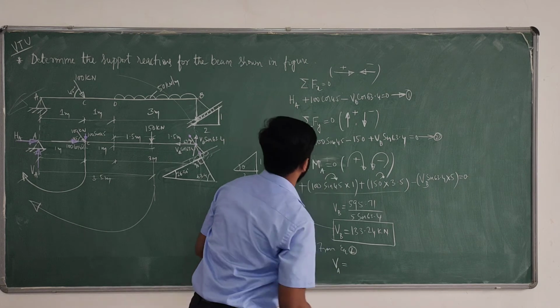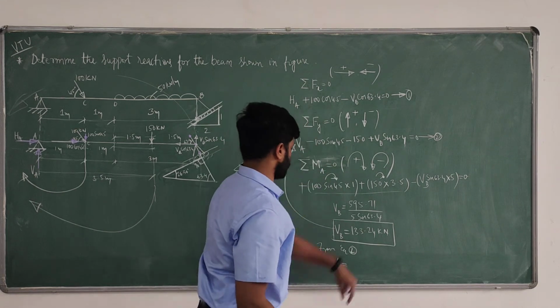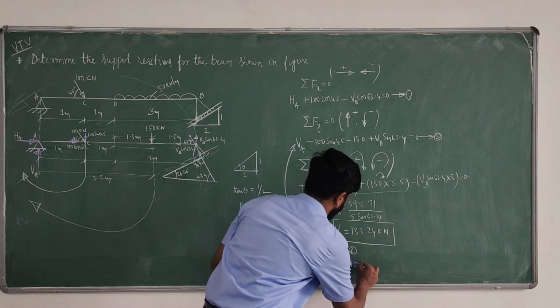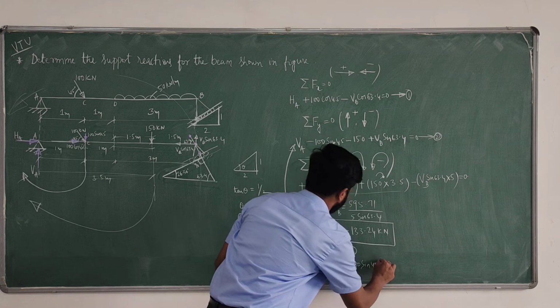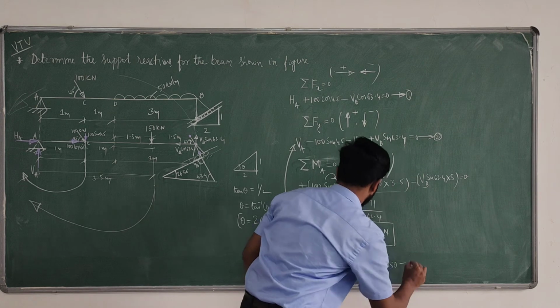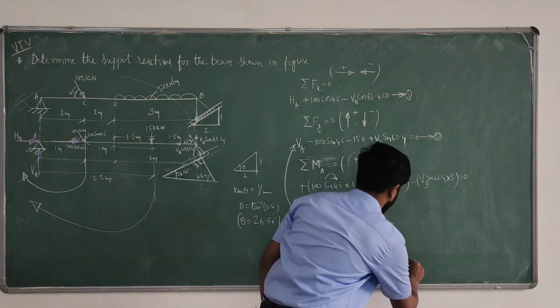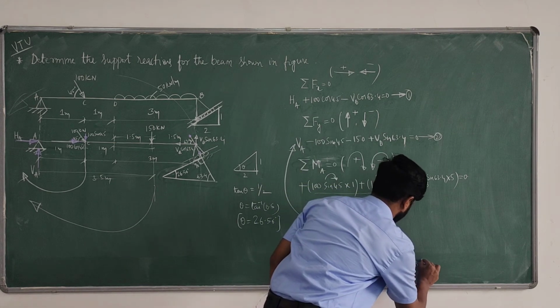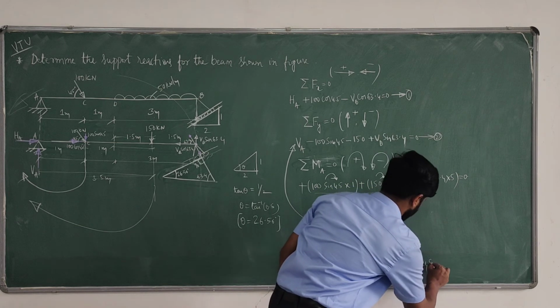VA equals, you just take that side, it will become 100 sin 45 plus 150 minus VB sin 63.4, that is 133.24 sin 63.4.